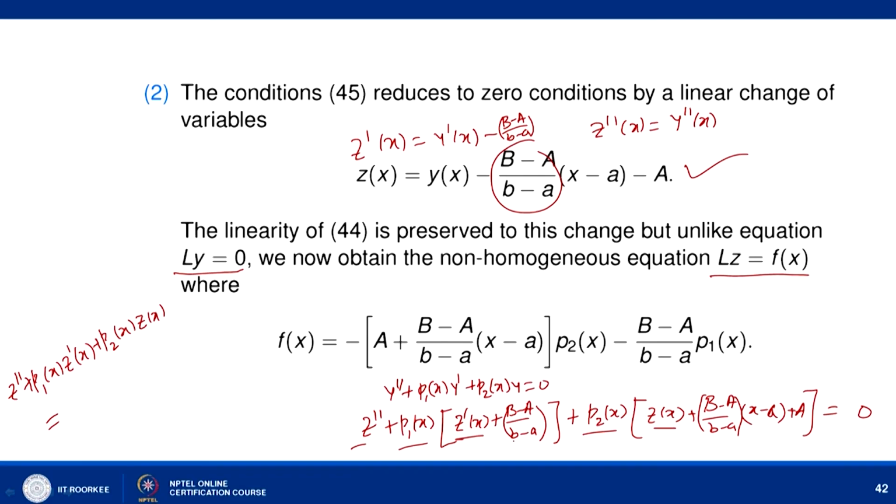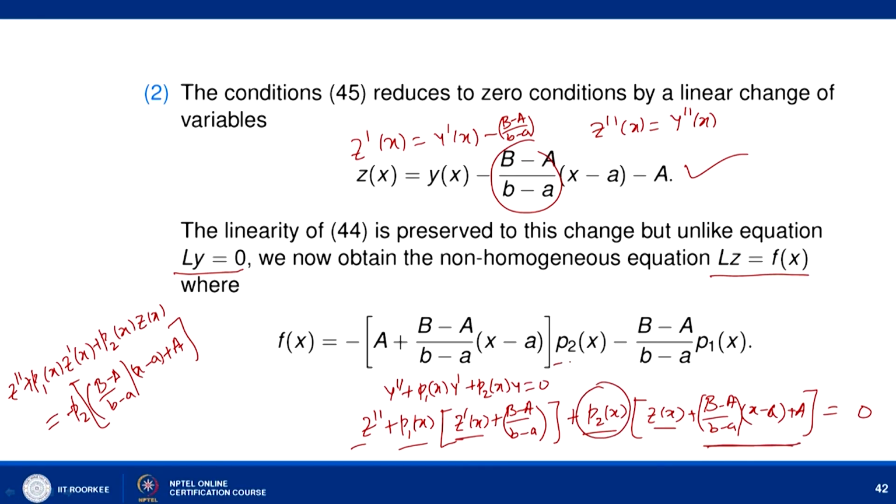So here we have this quantity. First thing is that p2 x, when you shift it there, has a negative sign. So here minus p2, and within the bracket we have (B minus A) divided by (small b minus small a) times (x minus a), plus A. So we are taking this term along with these two terms.